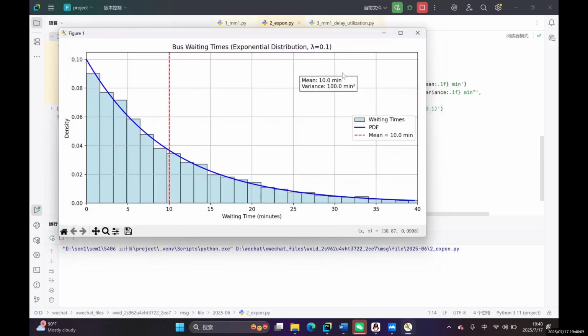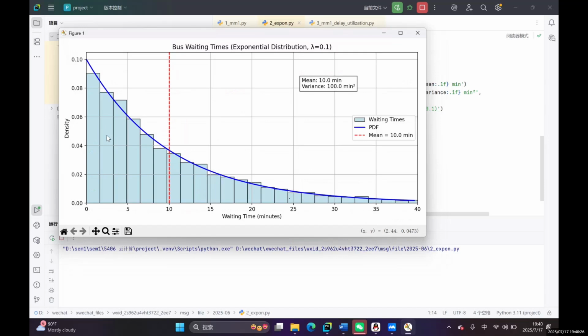And this picture shows a PDF. On the X axis, we have the waiting time from 0 to 40 minutes, and on the Y axis, it shows the probability density, meaning how likely a certain waiting time occurs.